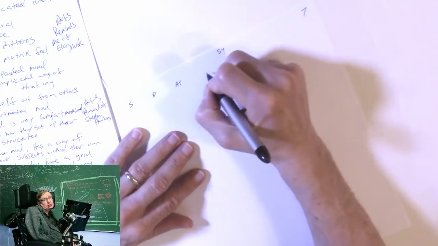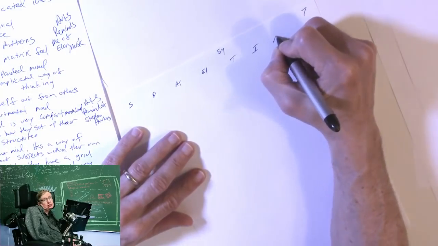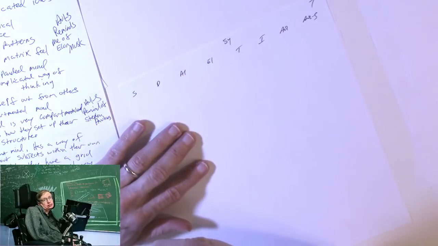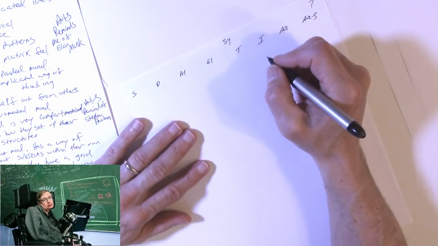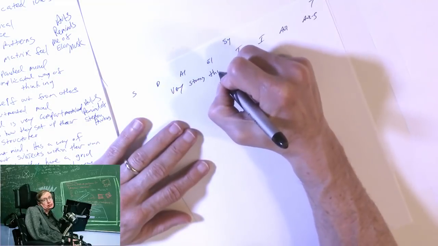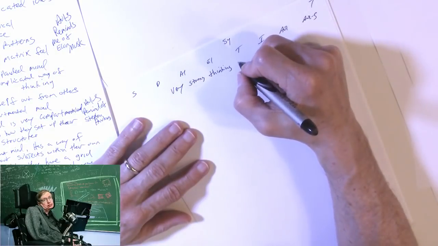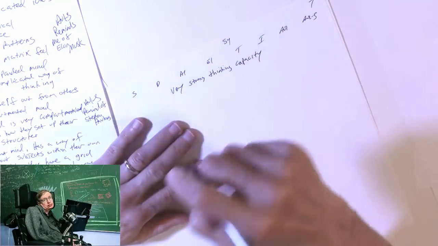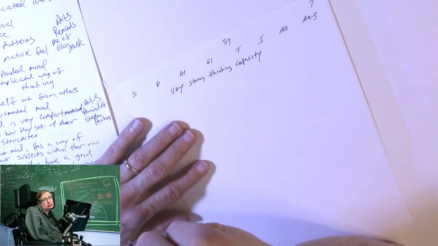Sensory dimensions, AI, tangible, intangible, halo of the signal. Very strong thinking capacity. Very strong thinking capacity.